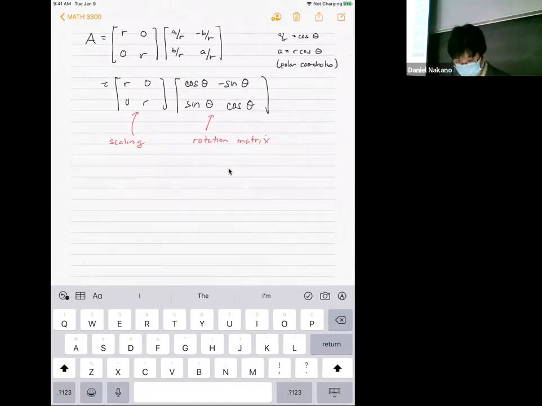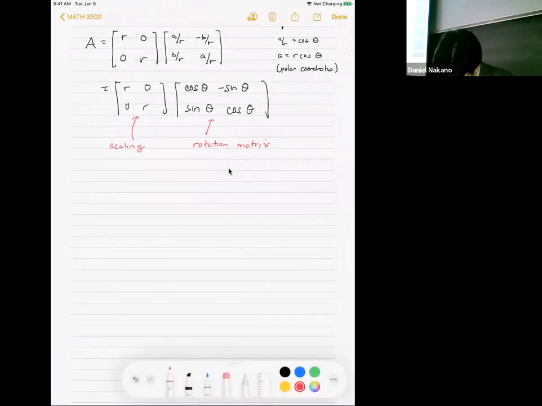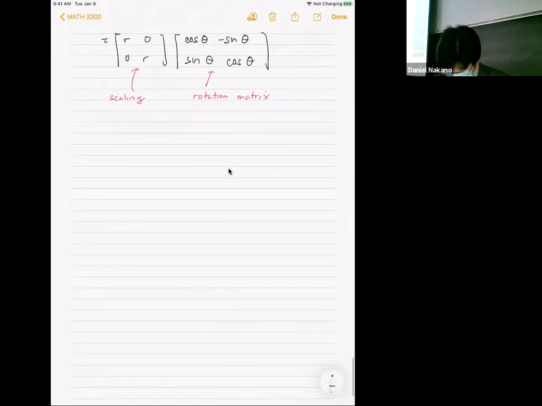Now, this is going to be important, so let me preview why this is interesting. Here's what we're going to prove next time. We're going to state the following theorem.